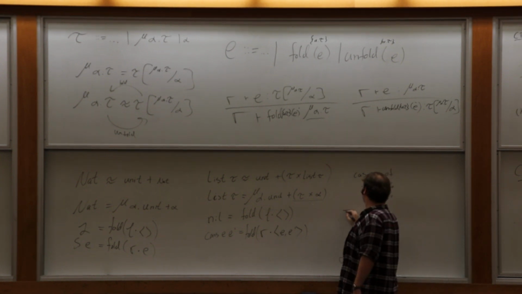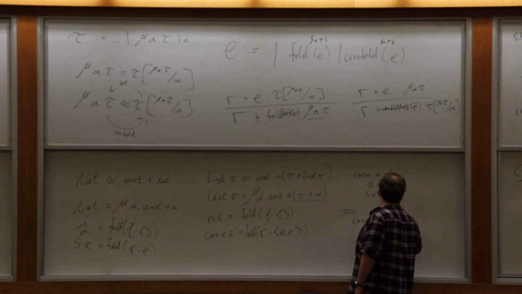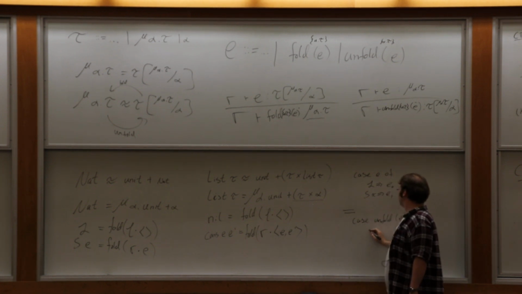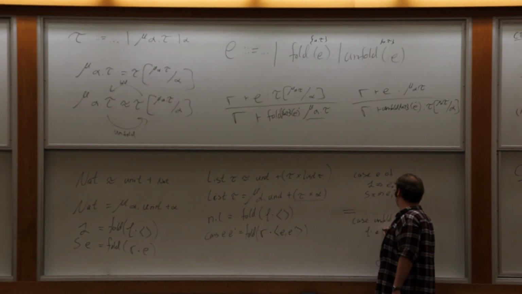And how would that be defined? Then you would say case unfold of e: in the left, I just have some boring unit value that I don't need, and I give back E0.